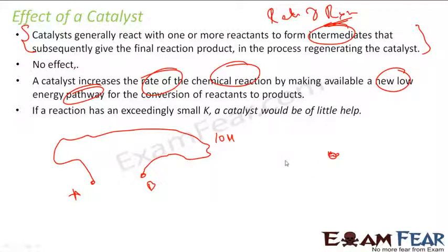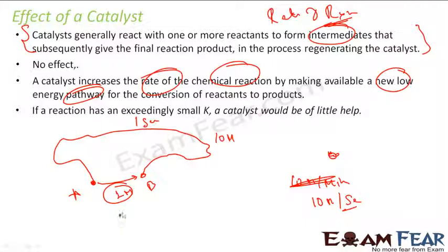And your speed is 10 meter per second. How much time will you take to reach from A to B? Obviously 1 second. Now what this catalyst will do, instead of giving that route, catalyst will give you this route, and this route is 1 meter. So if your speed is 10 meter per second, this guy will take 1 second and this guy will take 0.1 second. Which one is faster?